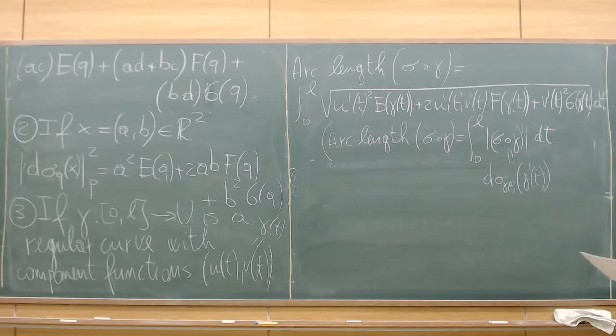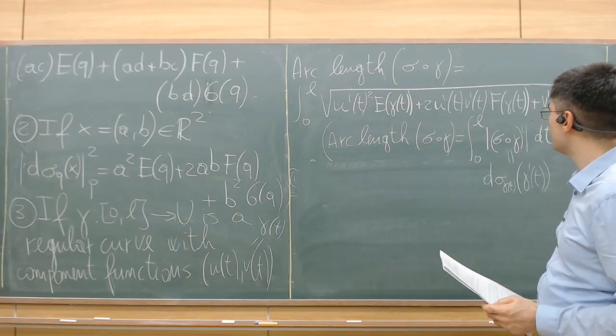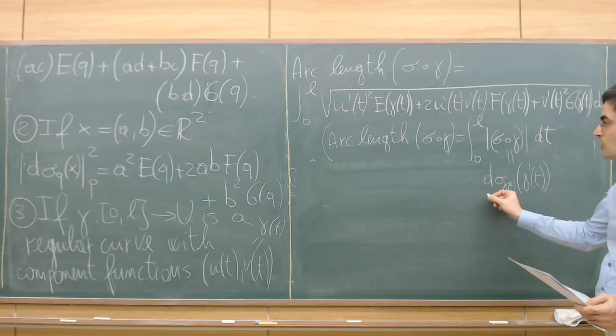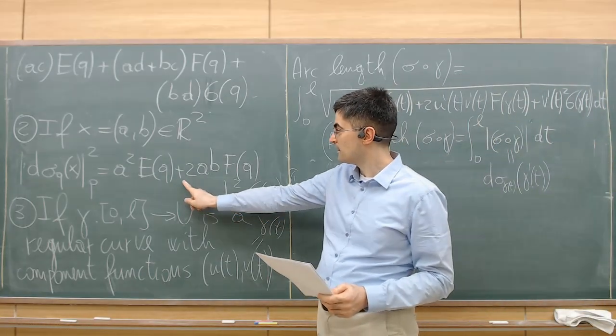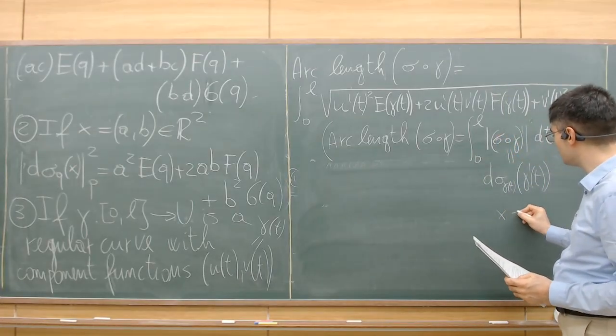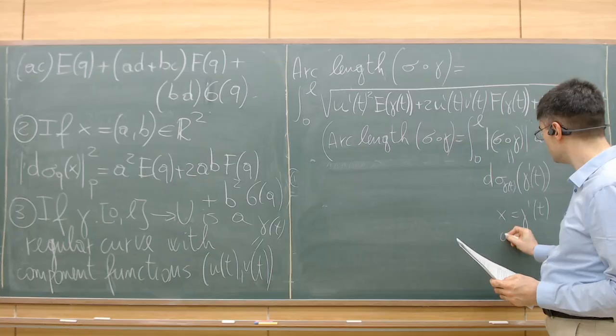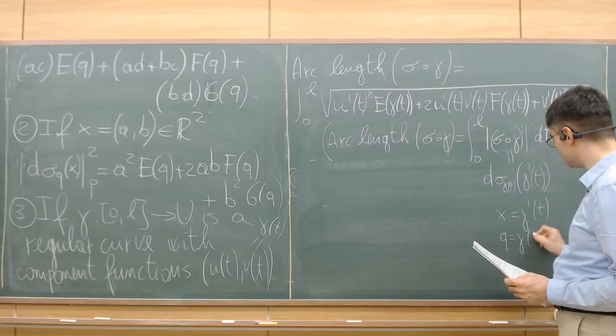So if you want to prove this formula, just use 2 with X equal gamma prime of t and Q equal gamma t.